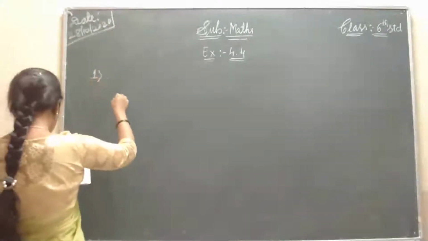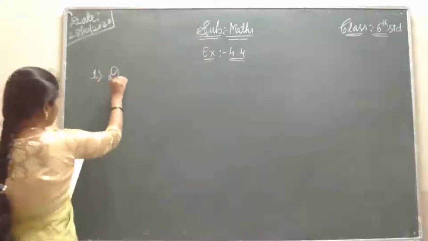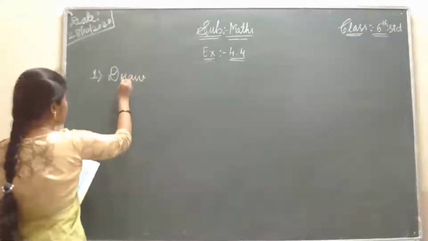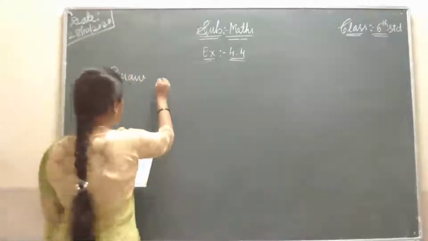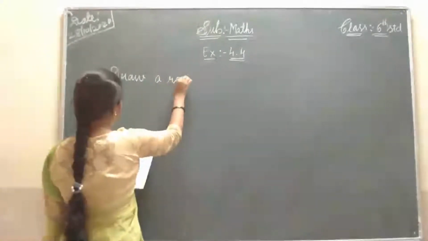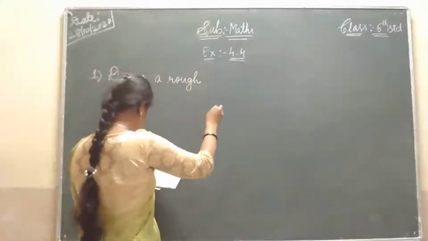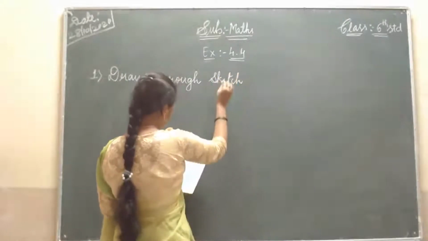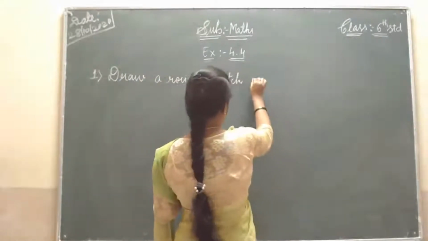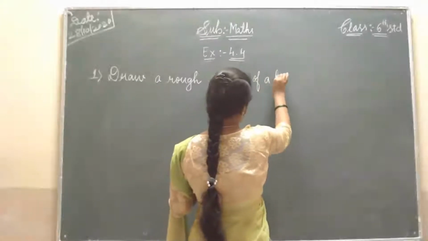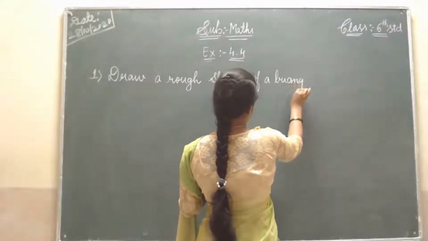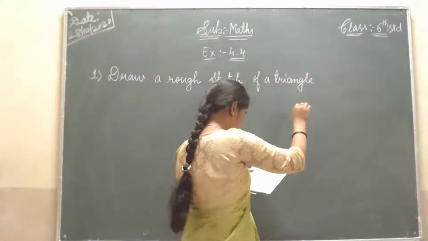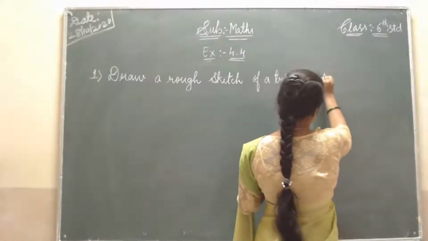In this first one, draw a rough sketch of a triangle ABC.